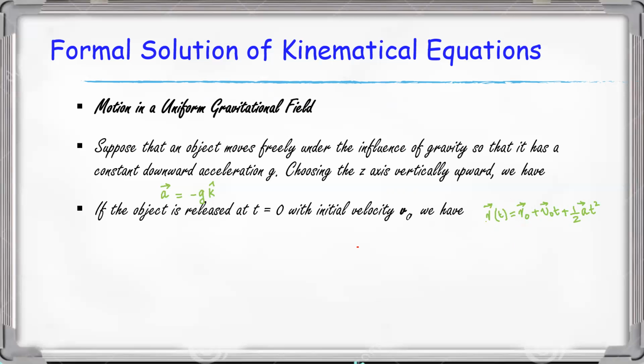And we mentioned that when we express this in three scalar equations, one dimensional equations, x of t is equal to x0 plus v0x t plus half ax t square. We know that the acceleration is only in the z direction.